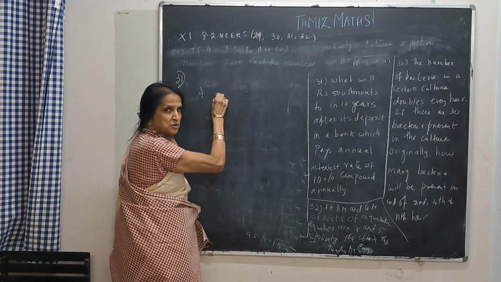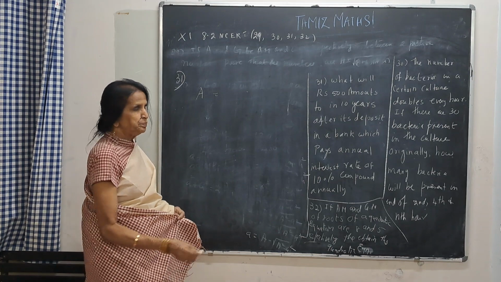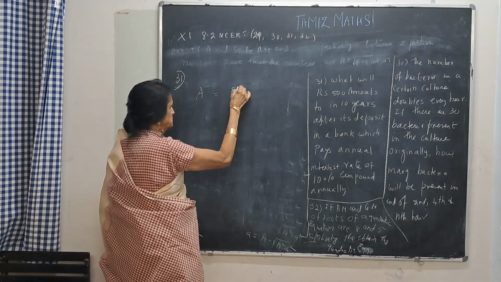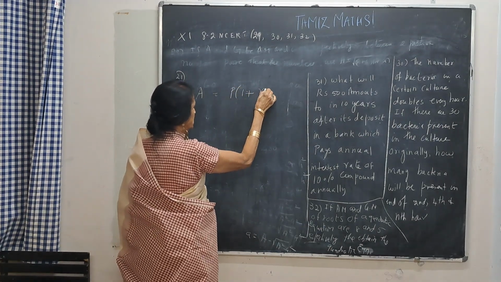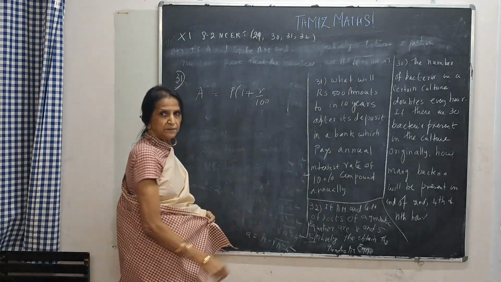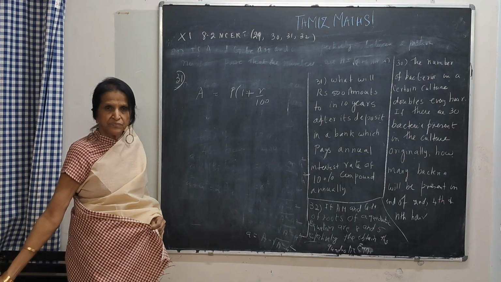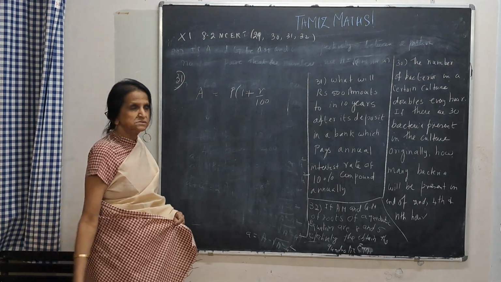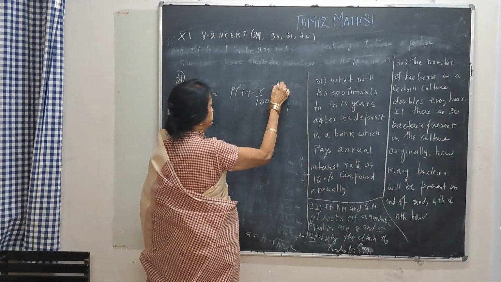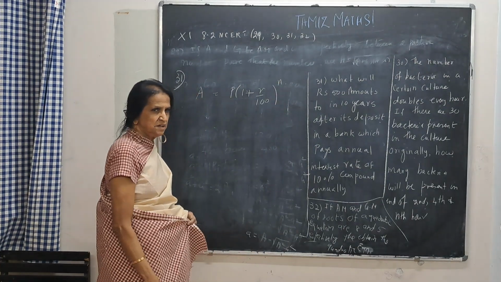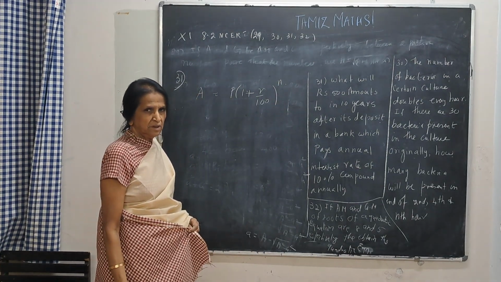So the amount is equal to P into 1 plus R by 100, whole power n. This is the compound interest formula.